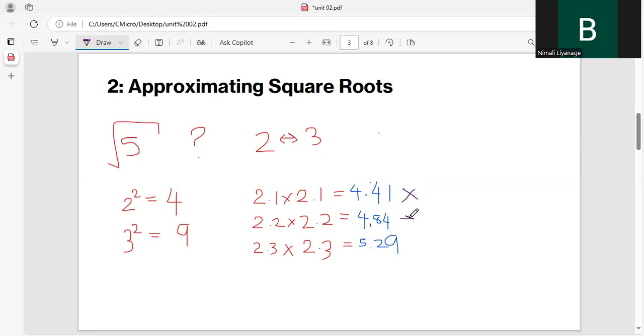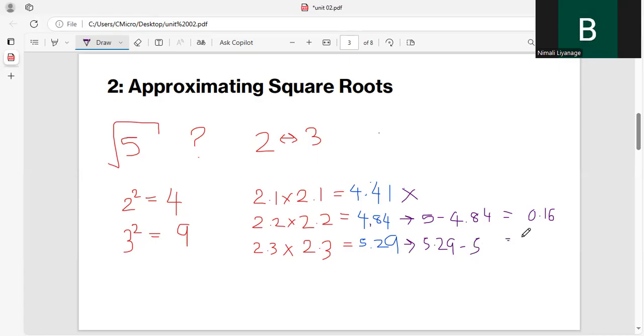What is the difference between this number and 5? 4.84 and this is 5.29.